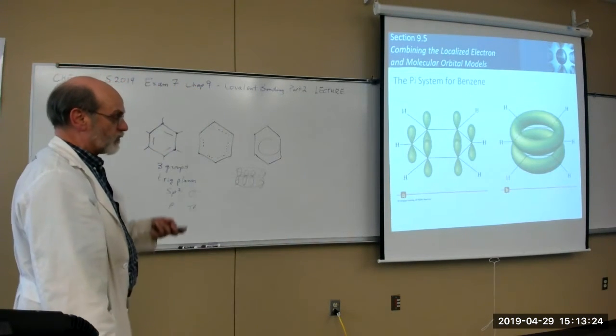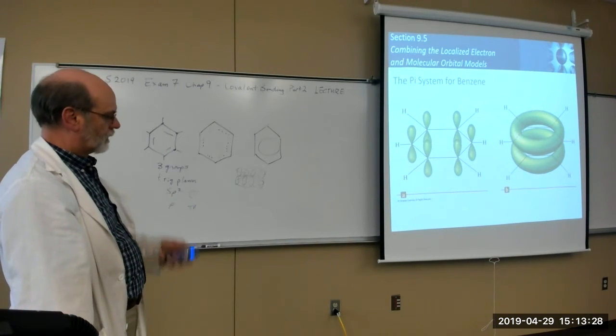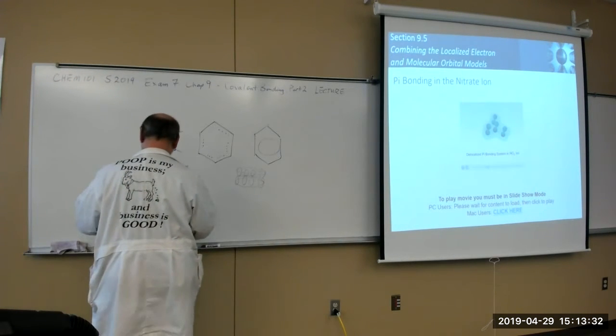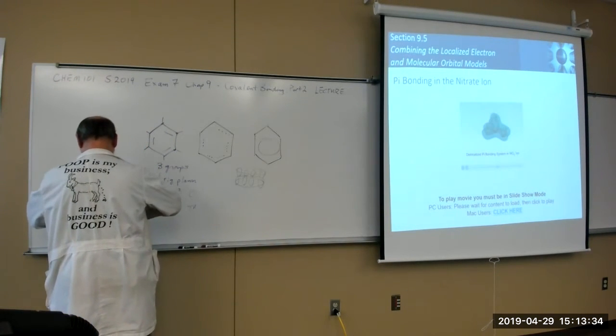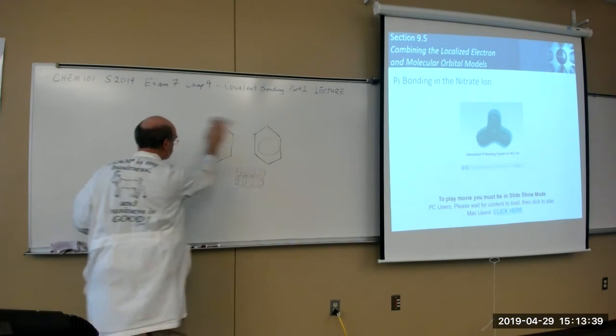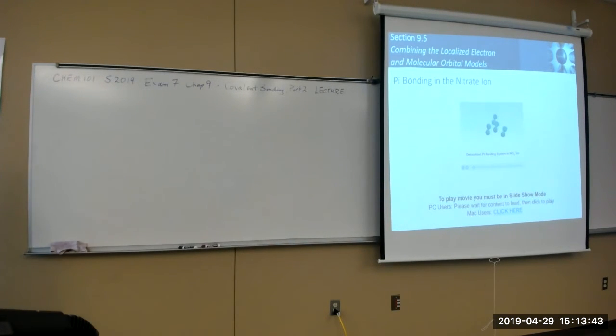And this is one way to represent it. You know, donut on top, donut on bottom. The p orbitals used to form the pi bonds in the nitrate ion overlap with one another to provide a delocalization of the electrons over the entire ion. This is true.